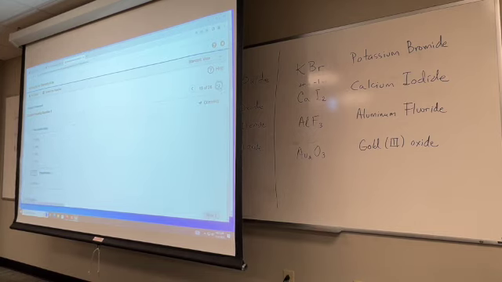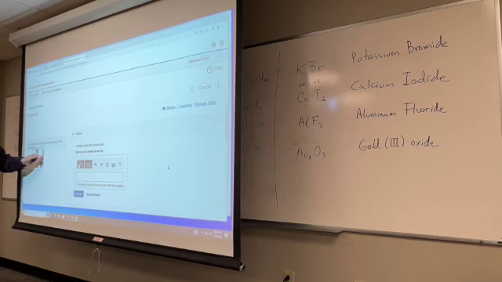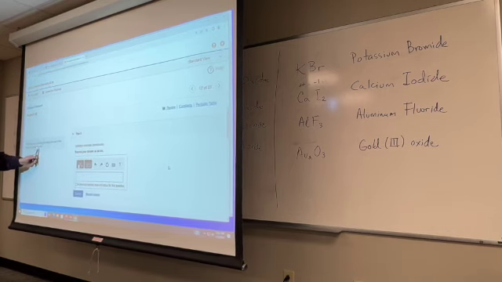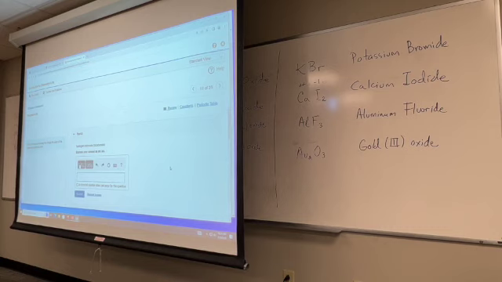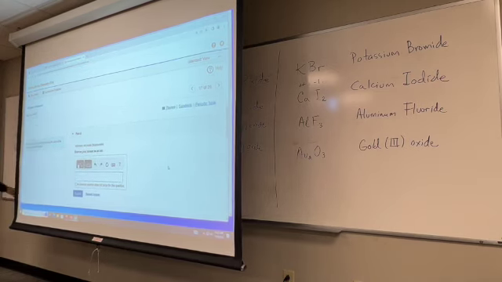And number 17. These are polyatomic ions. Write the formula including the charge for each of the following polyatomic ions. So for that we need to go back to the table in the previous problem. Hydrogen carbonate or bicarbonate, okay?